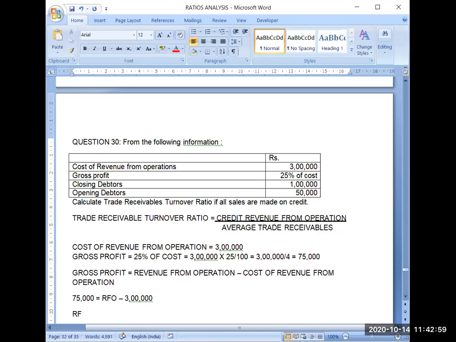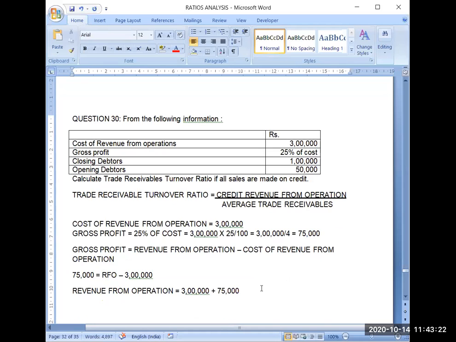So revenue from operation is equal to 3 lakh plus 75,000.